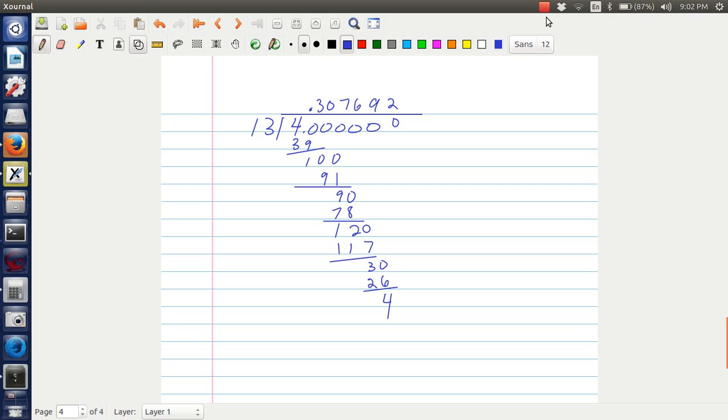Okay, so here's what happened. We started off with 4 point as many zeros as you want. Okay, so 13 times 3 gives you 39. Here's your remainder. But remember, our first remainder was really 4. Then we actually had to pop in a 0 because our second remainder ended up being 10.